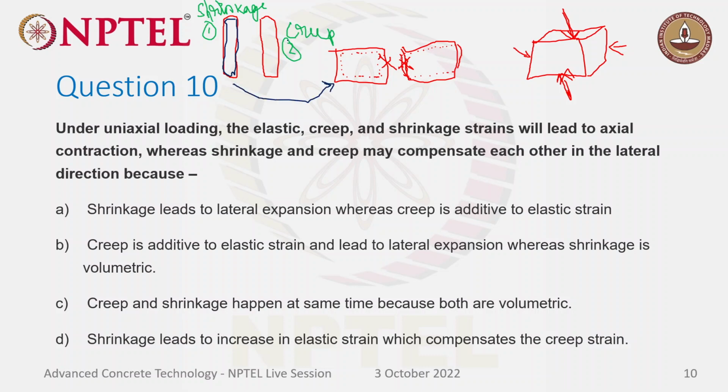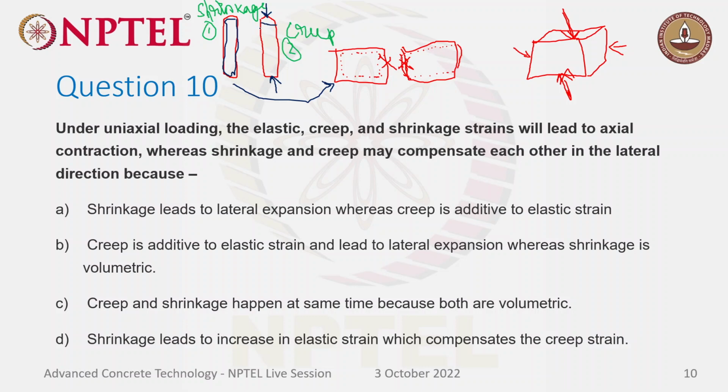But when it comes to creep, normally the column will be loaded like this. If there is no eccentric loading, compression will be acting on the column. So what will happen to the column if there is some compression load on the top and bottom? There will be some deformation, right? So there will be some reduction in its height, a very minute reduction. So the height will be reduced to this extent, right?